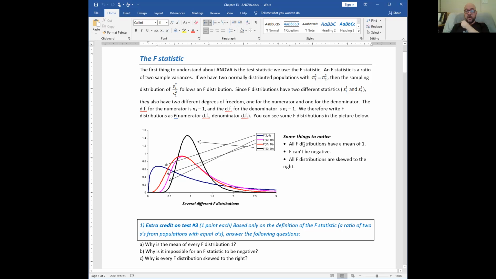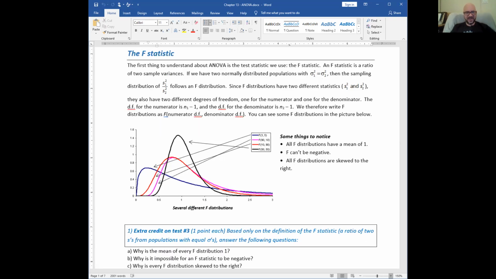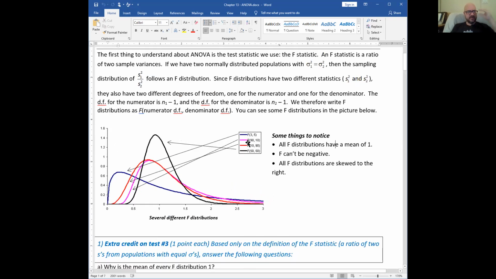Yeah, so you can see right here, all F distributions have a mean of 1, and you can see that in this picture, right? I've graphed all of these. I used Desmos, I think, to graph these. So maybe I should zoom in a little bit here. Right, so F with three numerator and 5 denominator degrees of freedom is this kind of squared off looking one over here.